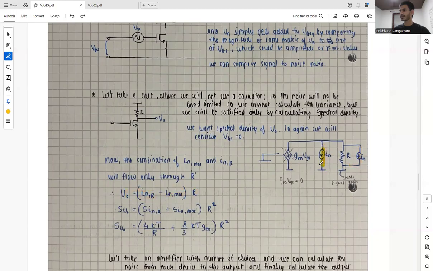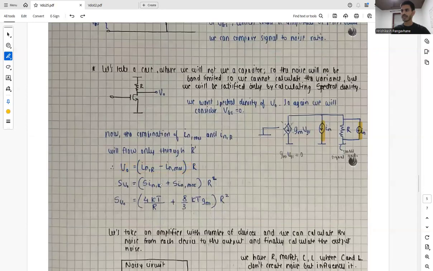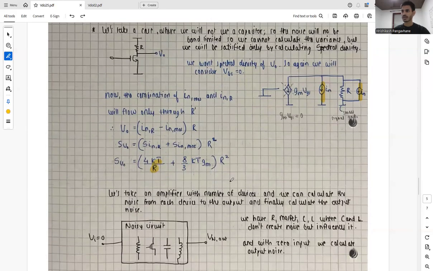From this we can say that we have two parallel current sources which will just add up, and they will flow only through R as there is no C. Based on that, and knowing that spectral densities are related to the squared values of voltages and currents, we get this equation, and by putting in the values of spectral densities for the resistor and for the MOSFET, we arrive at this equation.